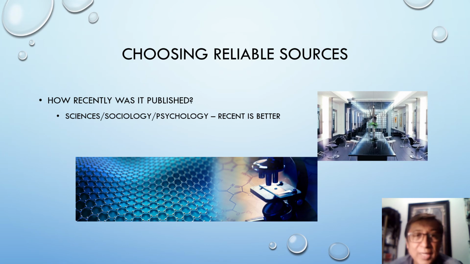And obviously, if your writing is about any type of science, sociology, psychology, etc., the more recent the research, the better, right? Because these are fields which obviously change from time to time. So more recent types of writings are preferred.